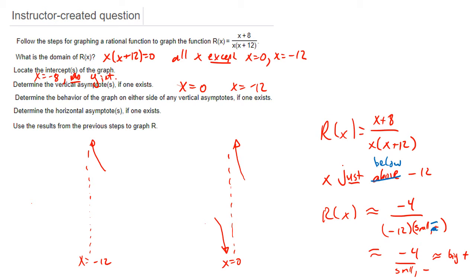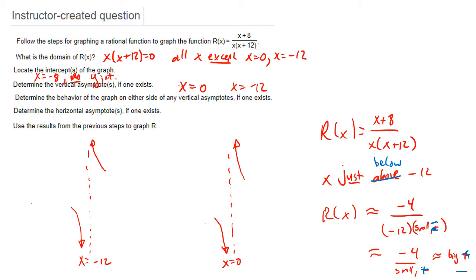Now my denominator is negative 12 times a small negative number. That's still small, but it's now positive. And negative 4 over a small positive number is going to be big, but it's going to be negative. So, as x is close to negative 12, but to the left, I'm getting big negative numbers. The asymptote must go down here.